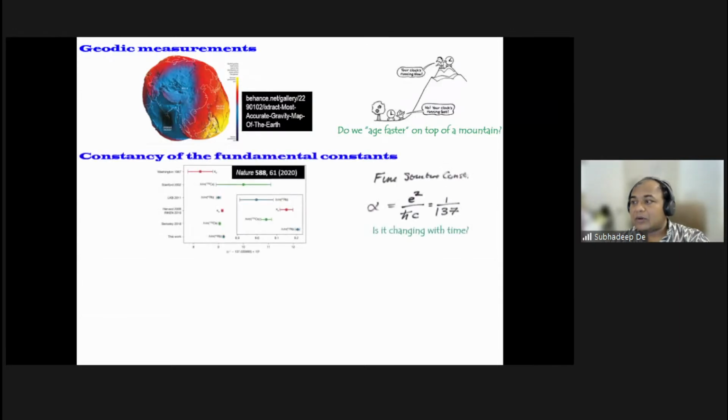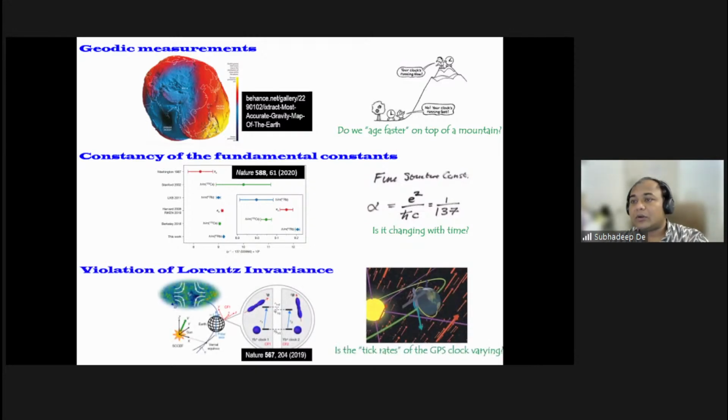Today I will cover how atomic clocks are used to measure the constancy of the fundamental constants, taking the fine structure constant as an example, and also violation of the Lorentz invariance. These are the last two things that I will cover in today's lecture.